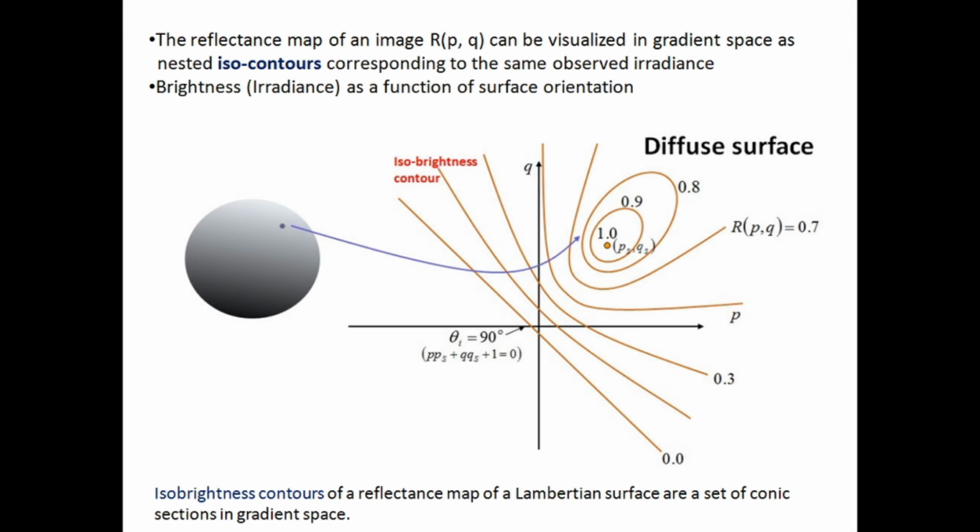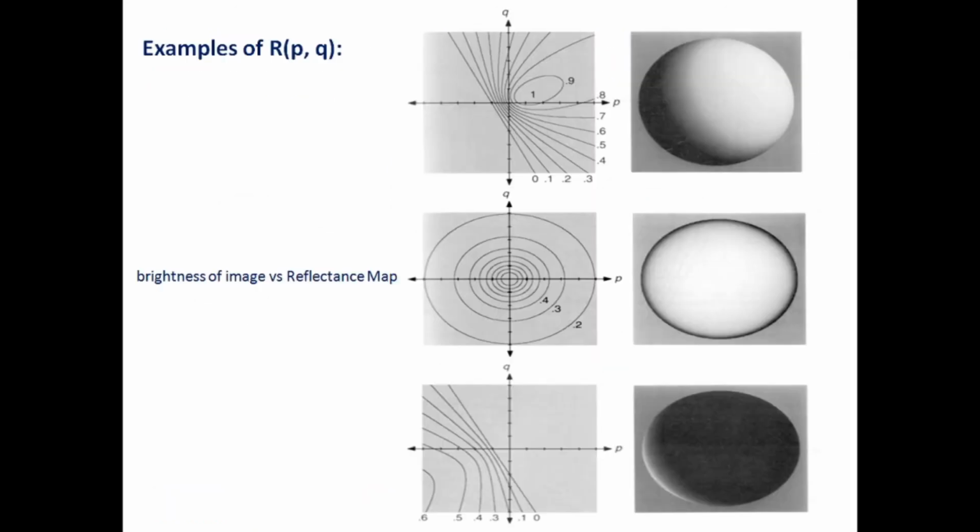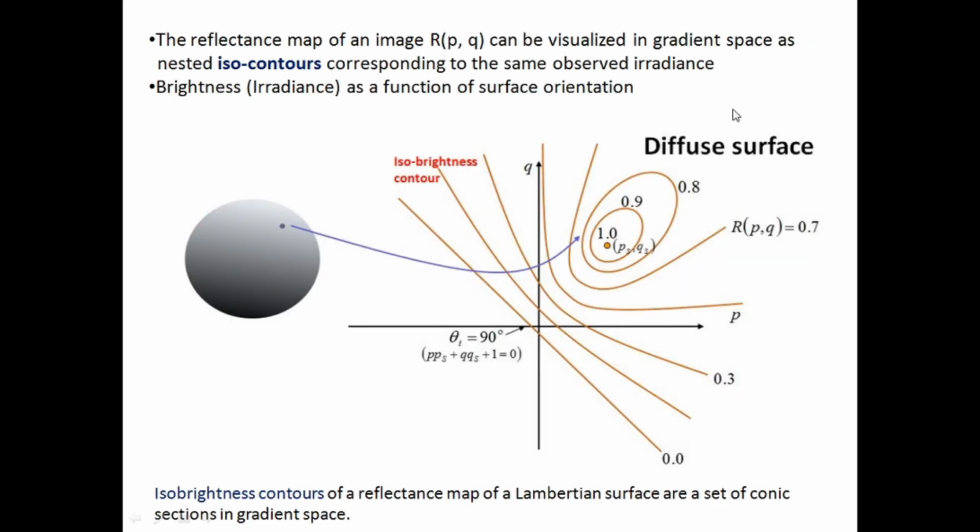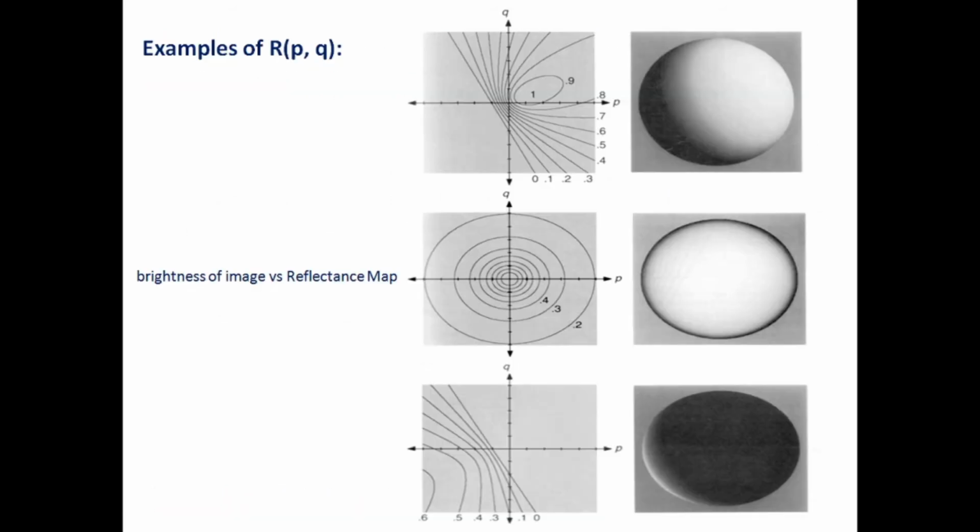Now in the next slide, you can see three different images of a sphere with different shadings. One is a lighter shading, one is a purely darker shading, and one is an ambiguous shading, meaning some part is light and some part is dark. The first image resembles this image a bit.